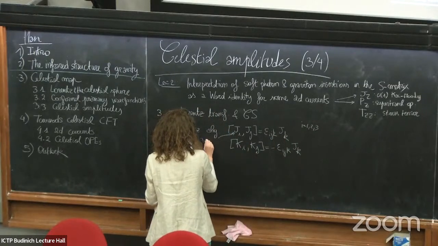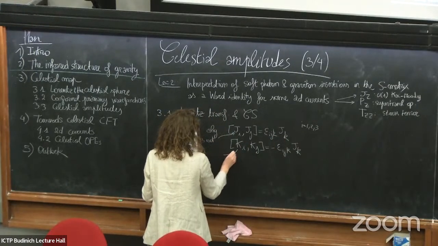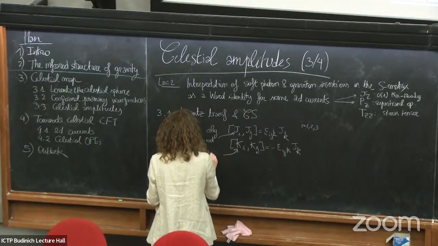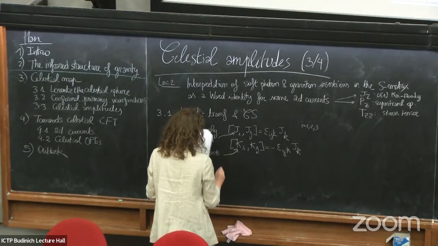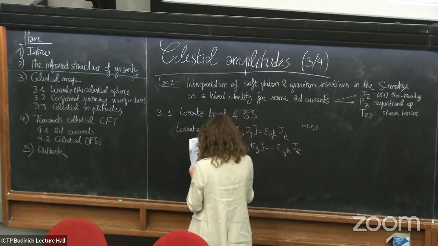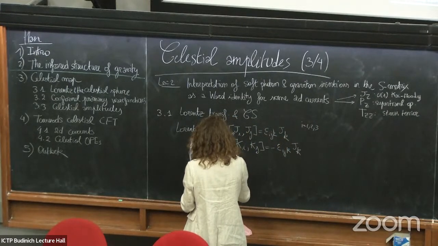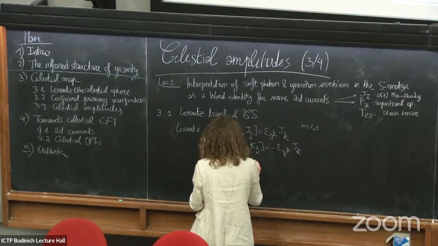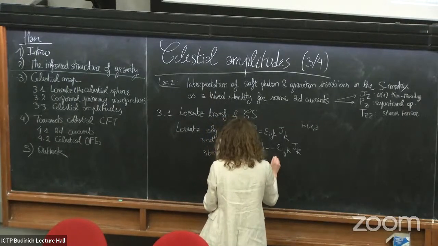The J's are my three rotations, the K's are the three boosts, and these are the commutation relations between these objects.